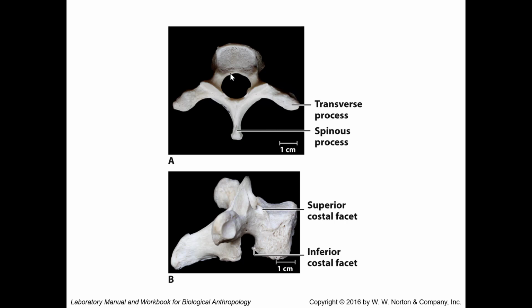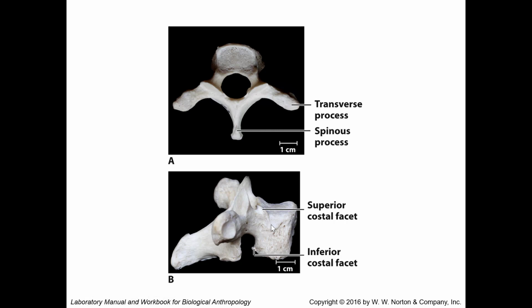So a few key features. On each side of the body of a typical thoracic vertebra, there are two costal facets. So superior costal facet, inferior costal facet, one being more superior, the other being more inferior. These facets articulate with the heads of the ribs. It's for rib articulation.